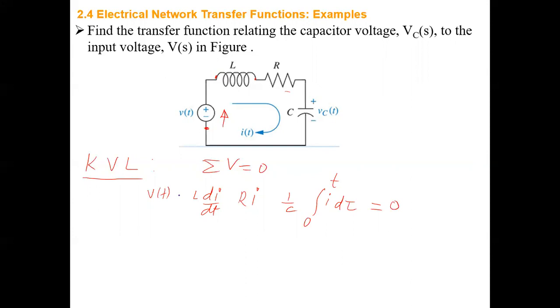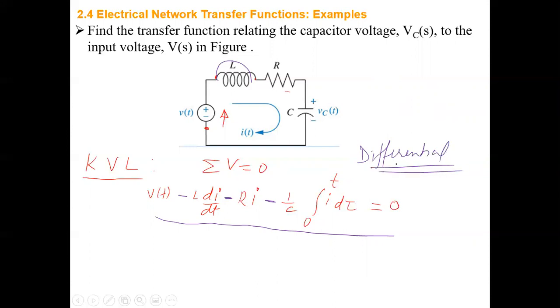Negative, because we are going from here to here. This is also negative. So we did the first step. We have the differential equation. Step number 1 is done. We'll continue with the other steps next time. Unless you have any questions, I'm done for the day, guys.